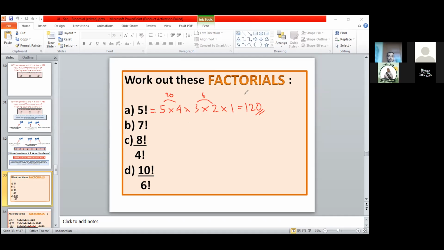That's it for today, factorials. And we'll continue with the formula to find the binomial coefficient, or the Pascal's triangle, which is connected to this factorial. So I hope by next meeting you have already understood what factorials mean and how to compute factorials, including this example.